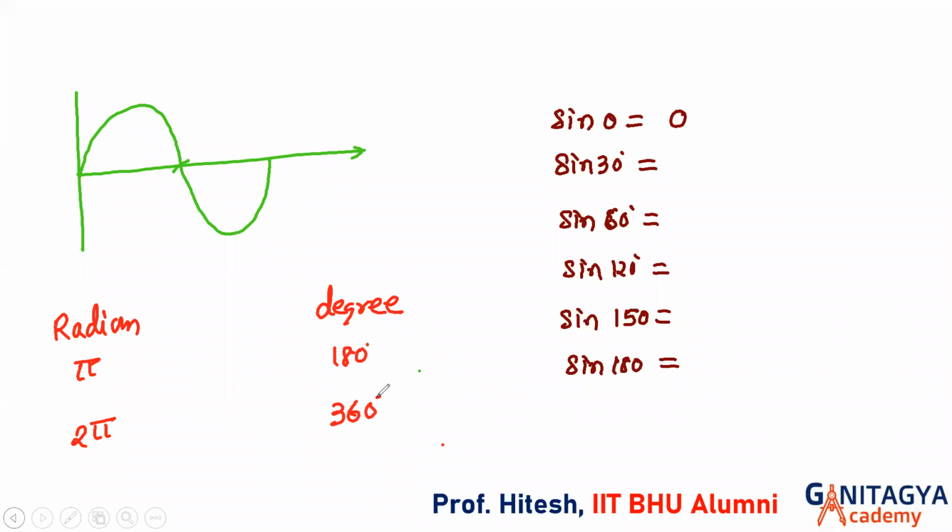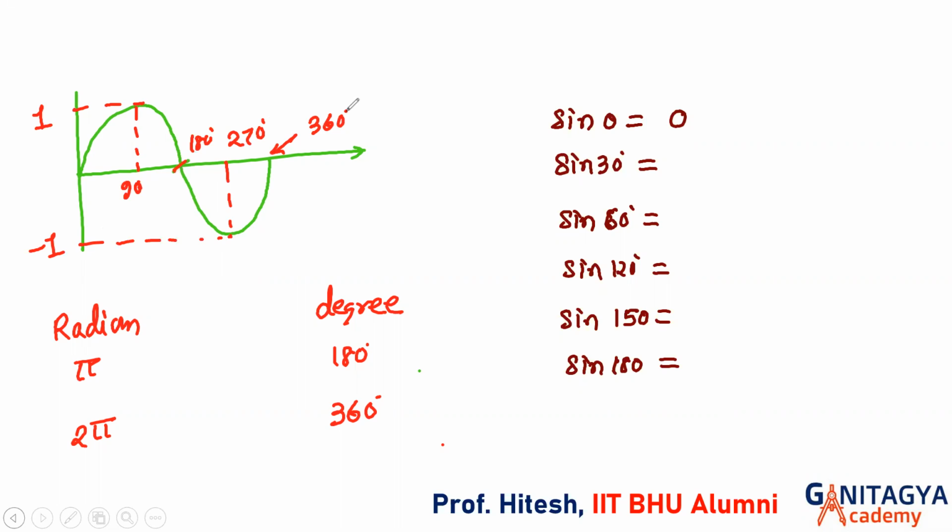So this is the waveform of sine, which is symmetrical. This value is 1 and this value is -1, and this is 90 degree, this is 180 degree, this is 270 degree, and this is 360 degree, and in between other angles will come.